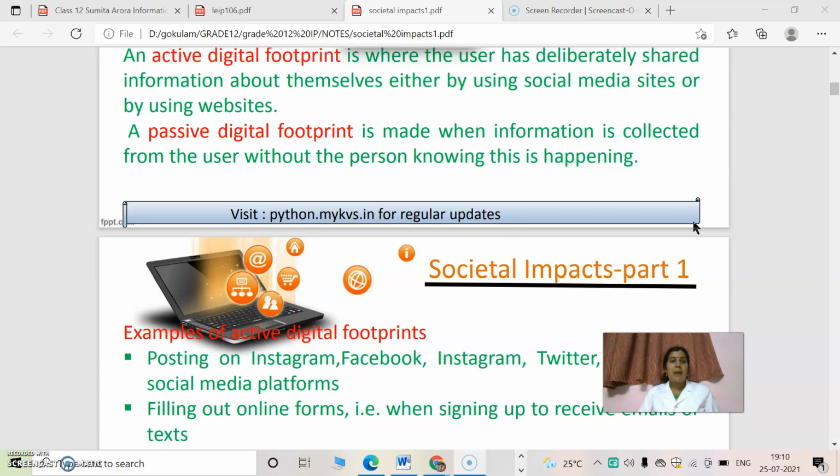So with the person's knowledge, that data is shared, which is known as an active digital footprint. Then what is a passive digital footprint? Passive means my information is collected without my knowing. I will not be aware that my data is lost. Somebody may collect my data from other users, or use hacking methods to hack the data.